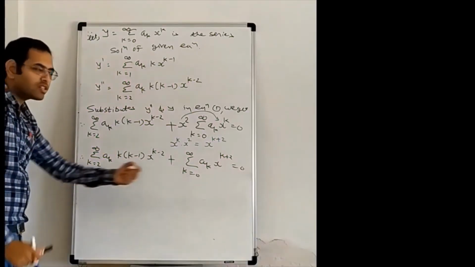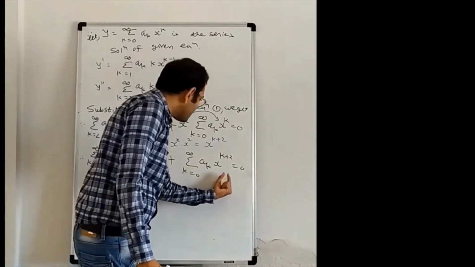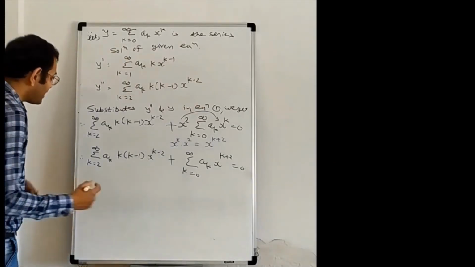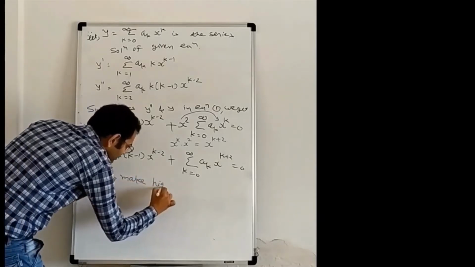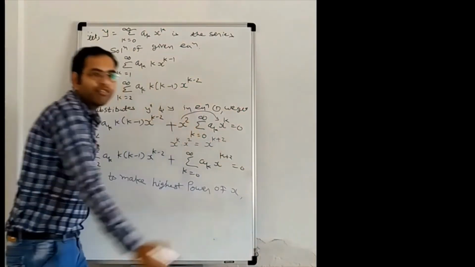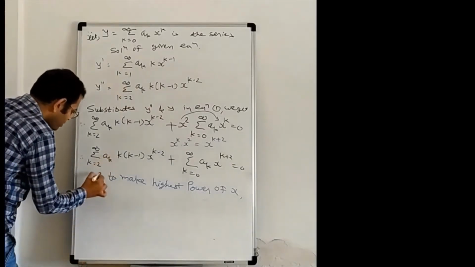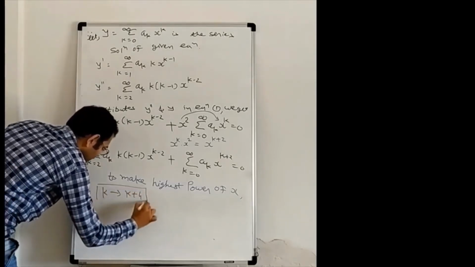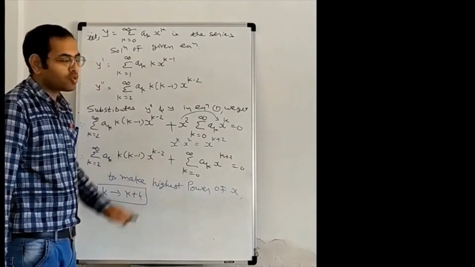Now, in the first term the power of x is k minus 2 and in the second term the power of x is k plus 2. To make the powers of x the same, we replace the value of k. In the first term, replace k by k plus 4 to make x raised to power k plus 2.